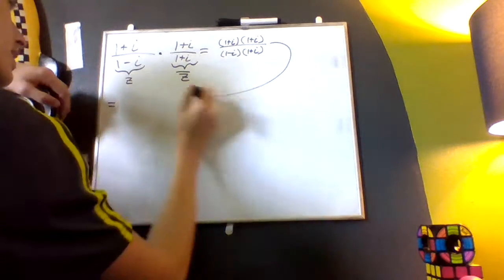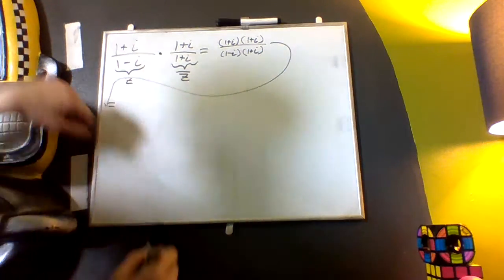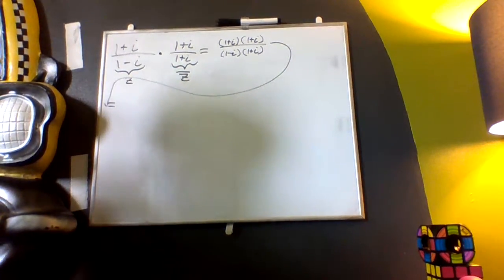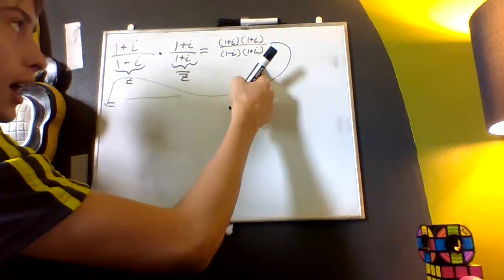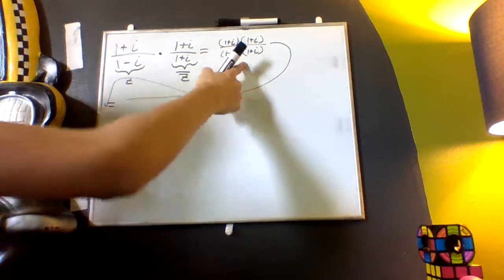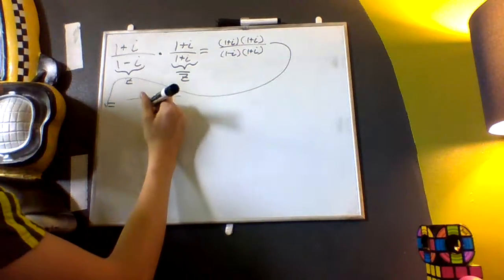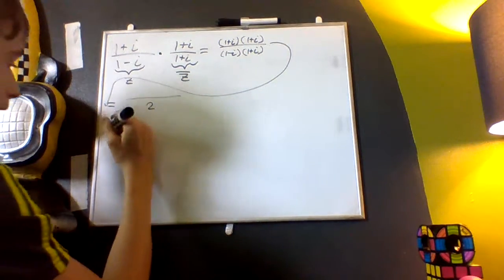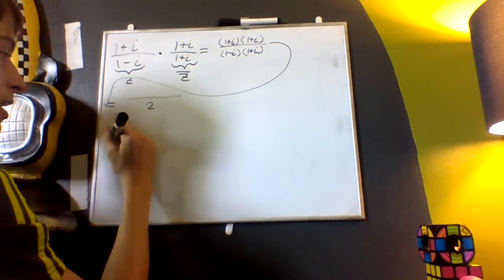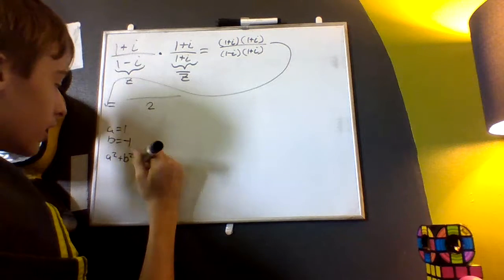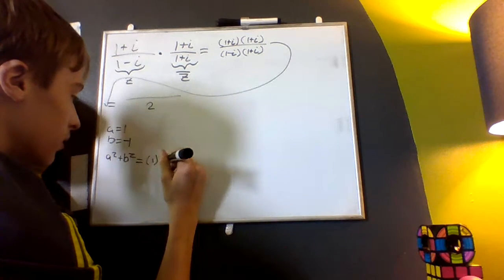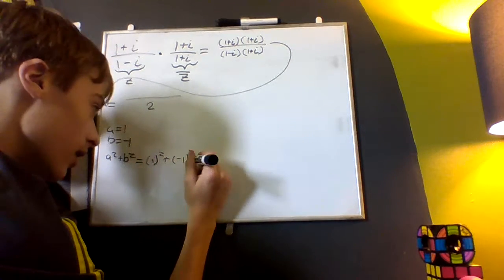This right here brings us to 1 minus i times 1 plus i. We already know what that is. It's a squared plus b squared, which is just going to be 2. Because a in this case is 1, b in this case is negative 1. It means a squared plus b squared is 1 squared plus minus 1 squared. It's 2.